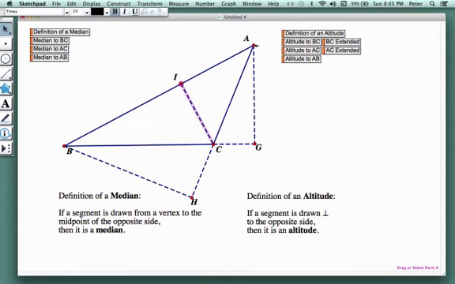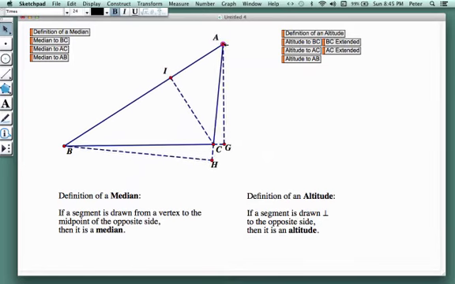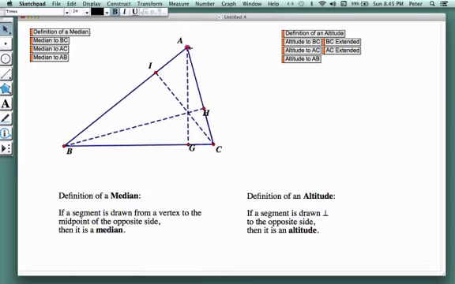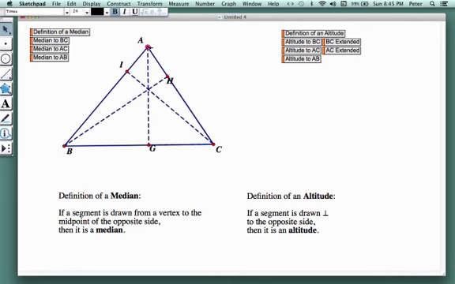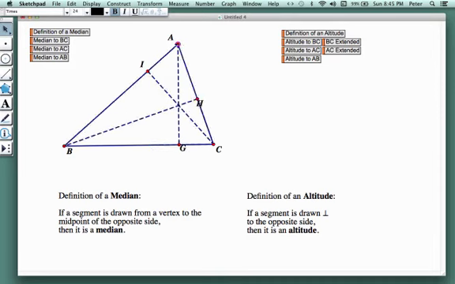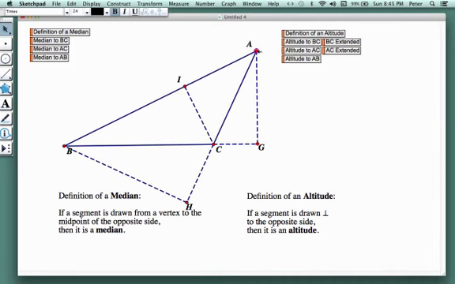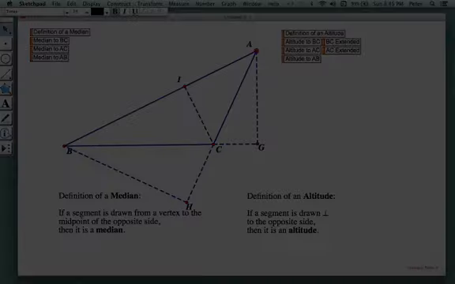That's because what we'll learn is an obtuse triangle. If I change the triangle to a right triangle, you'll notice that two of the altitudes become sides. And then as it becomes an acute triangle, all the altitudes are on the inside. So you have to be careful. An obtuse triangle is going to have two of its altitudes outside the triangle.